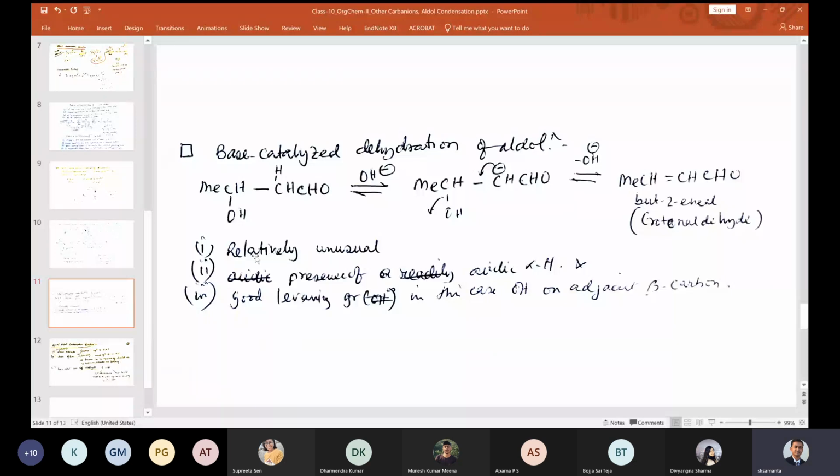In most cases you don't get it. Presence of an acidic hydrogen is crucial. It is a must, because as you can see, it goes by this negative charge here. Otherwise, it won't lead to this dehydration. And you need to have a very good leaving group, in this case OH on the adjacent beta carbon. So this has to be a good leaving group. Only then can this dehydration take place.